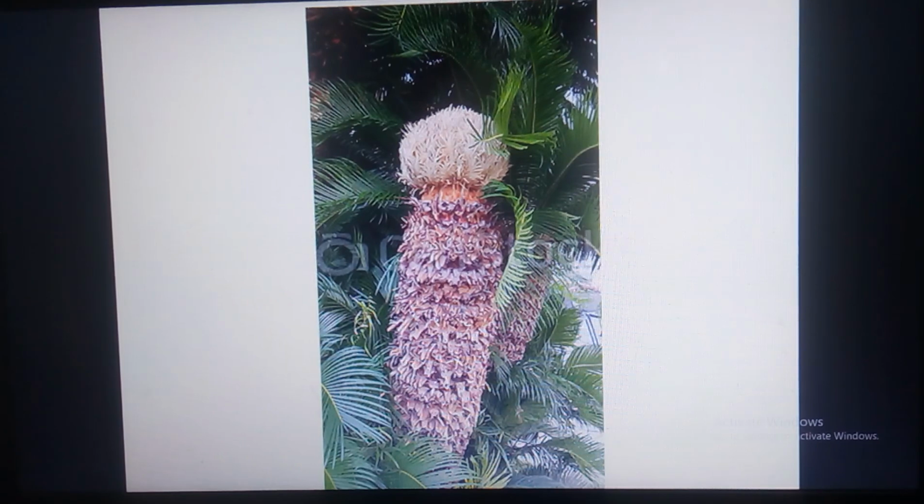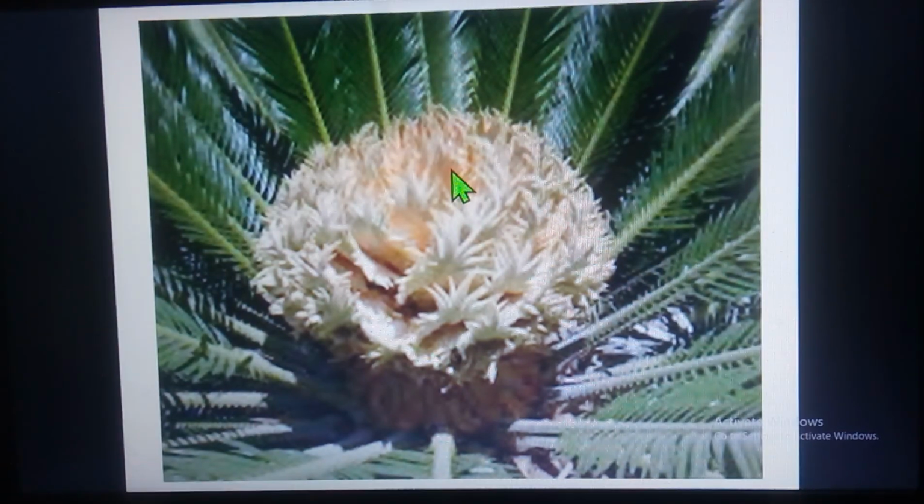We can see here, this is also the female plant, where the megasporophylls are not arranged in the form of a cone. Instead, they are loosely arranged as compared to the male cone, and they are found in crowded whorls.